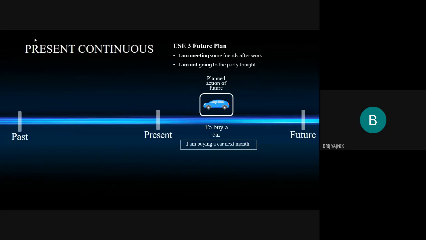I am going for a ride in the evening. I am meeting some of my friends in the evening. So see, when I'm talking about my future plan, I'm using present continuous tense. But when I'm talking about a scheduled event of the future, I'm using simple present tense.